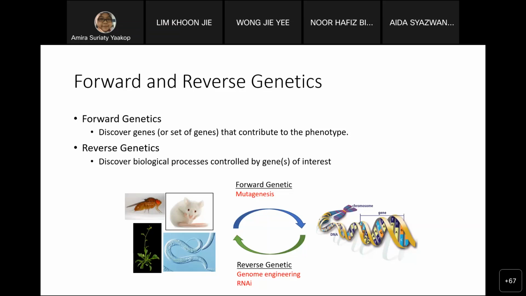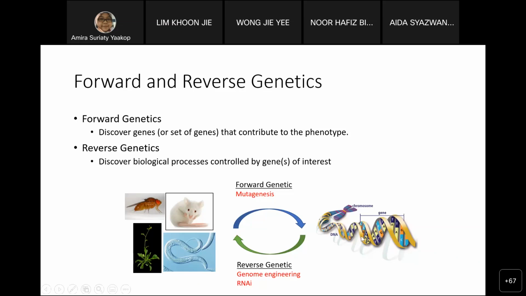For reverse genetics, you look at the phenotype first, then you find the gene to modify. You look at the phenotype, then you think, okay, in this biological process I need to control a certain thing, then you do a modification. So it's backwards, meaning you reverse it.